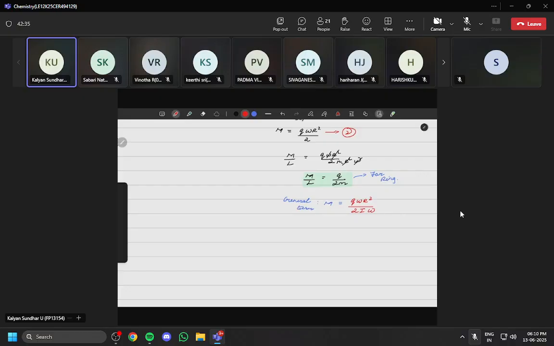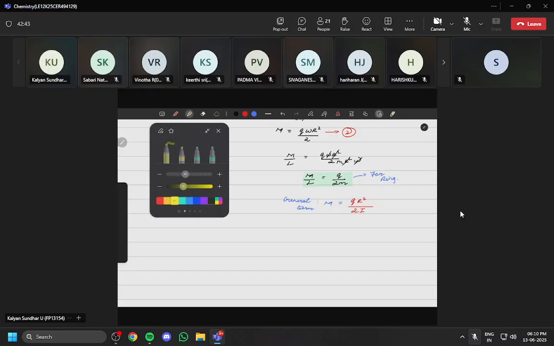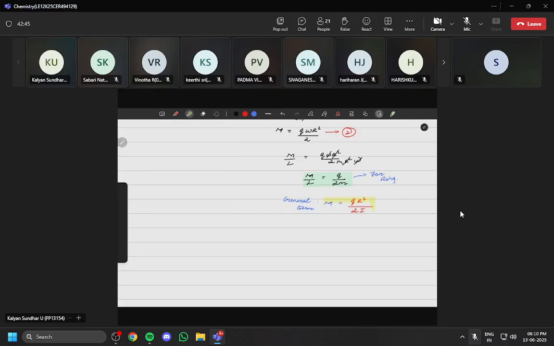Ultimately omega omega will get cancelled, so you'll be only having q r square by 2I, where q is the charge, r is the radius about its center, and I is the inertia of that non-conducting body. So this is your m bar for any non-conducting body.